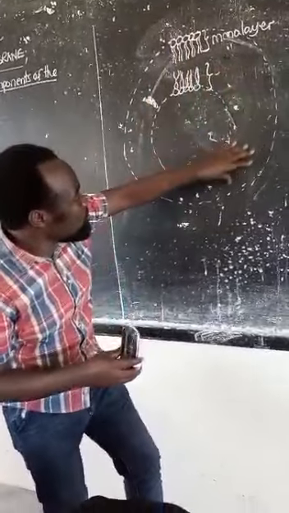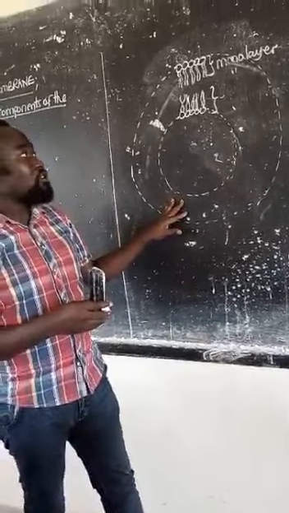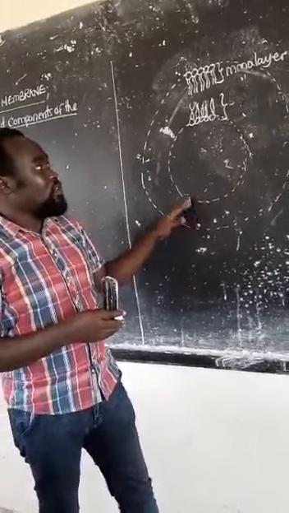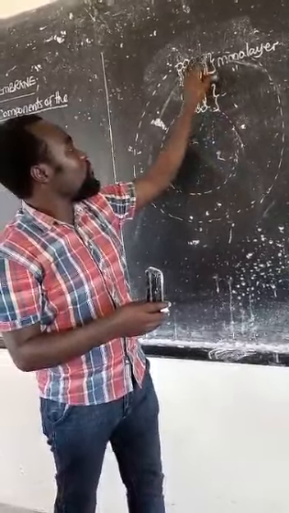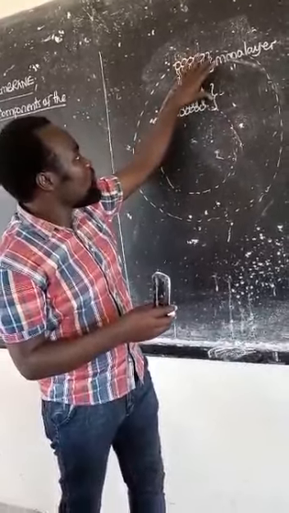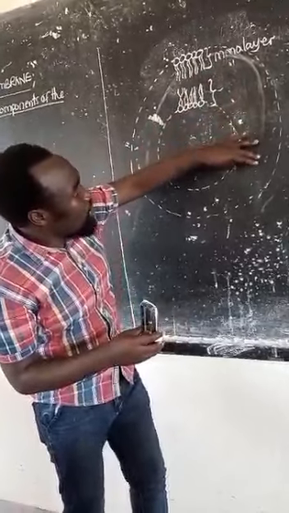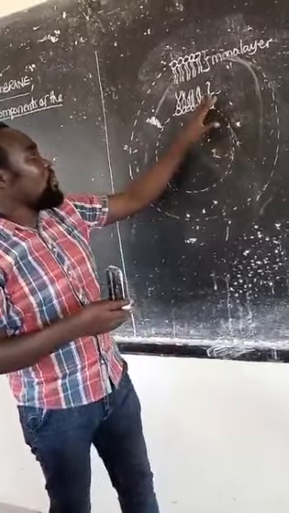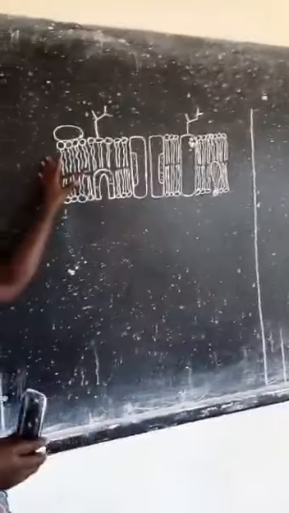The whole of this space here is what we refer to as the cell membrane. If we continue with our phospholipids, they can continue along here, and we come up with the structure like this.